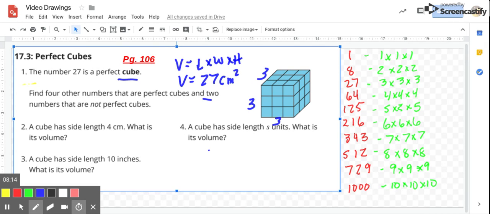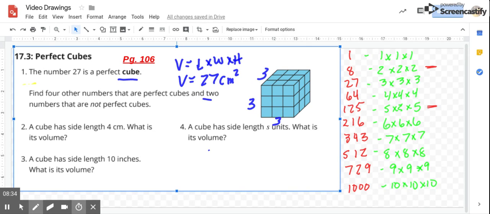Because if you have a 2 by 2 by 2 cube, it would have a volume of 8. Or if you had a 5 by 5 by 5 cube, it would have a volume of 125. It would take 125 cubes to make that perfect cube with 5 on each side.